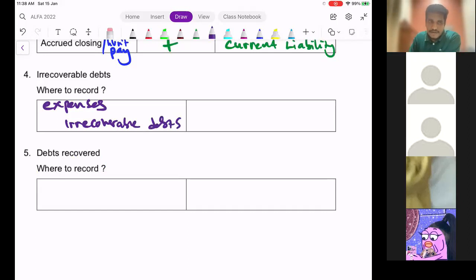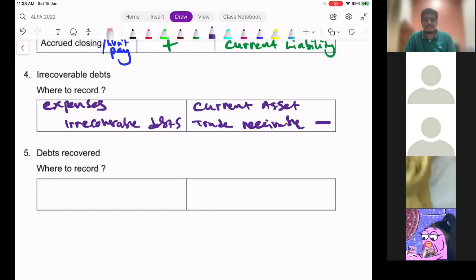In expenses, you record as an irrecoverable debt. After that, you go to the current asset, go find your trade receivable, and you minus the trade receivable.